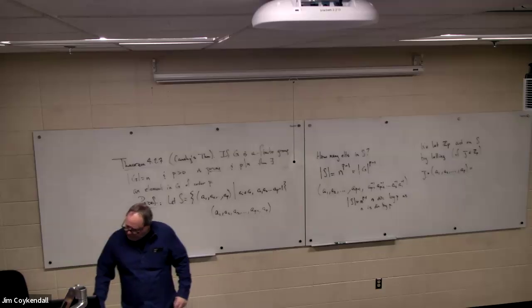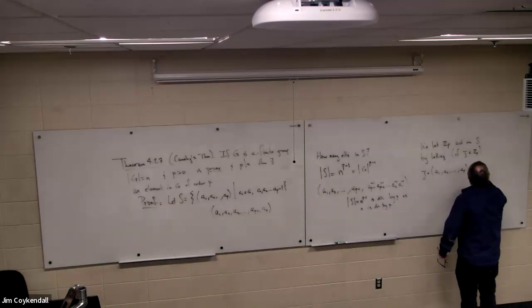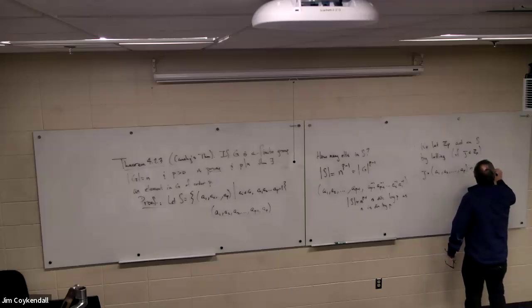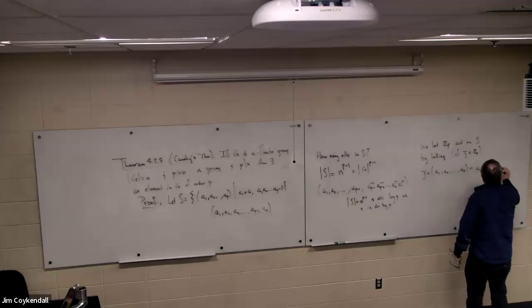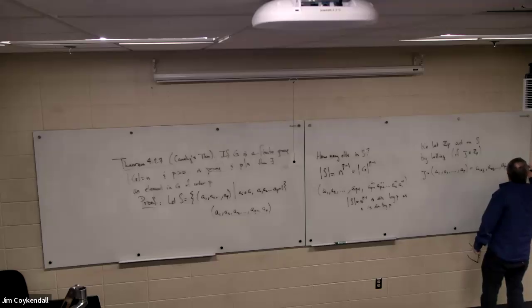So in other words, this would be A(1 plus J), ..., A(P minus 1), AP, A1, ..., AJ.